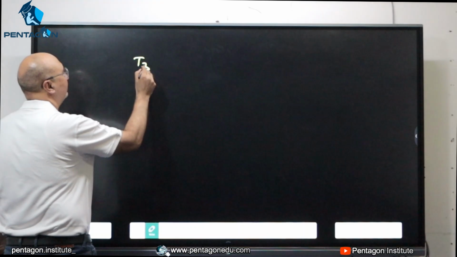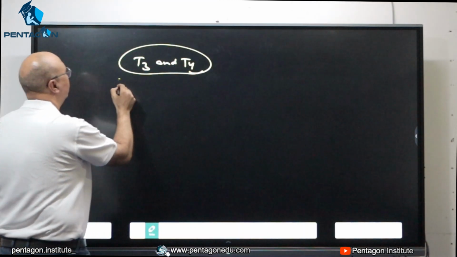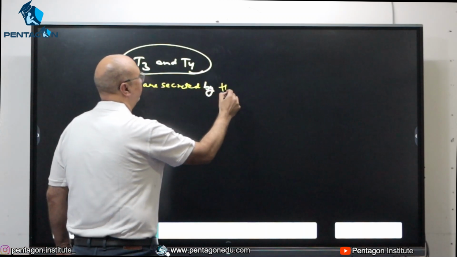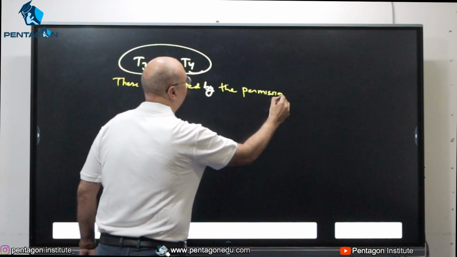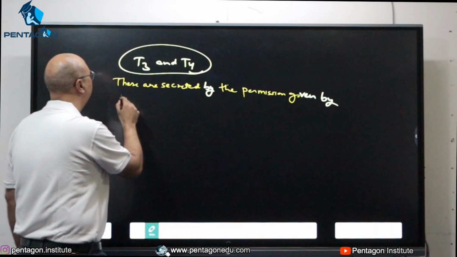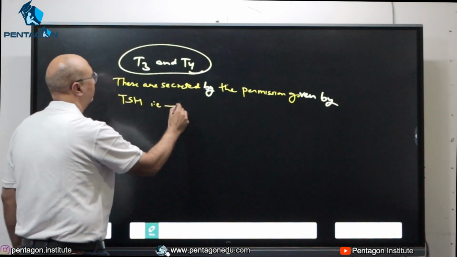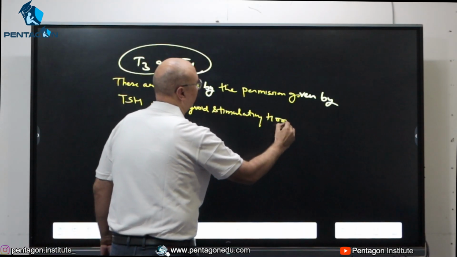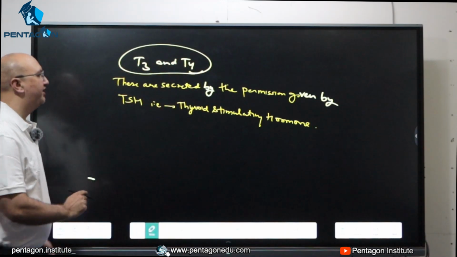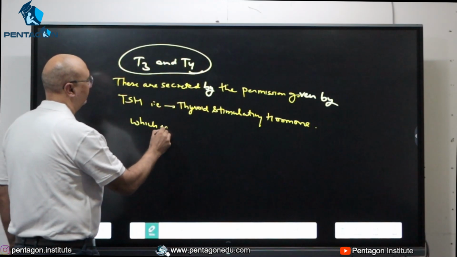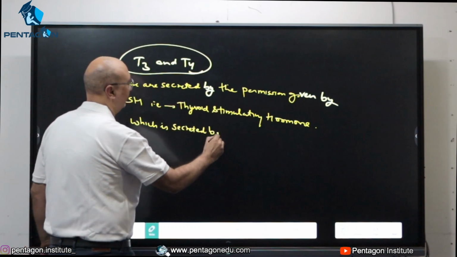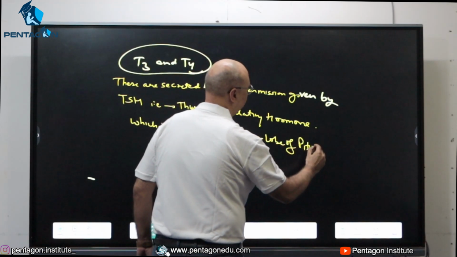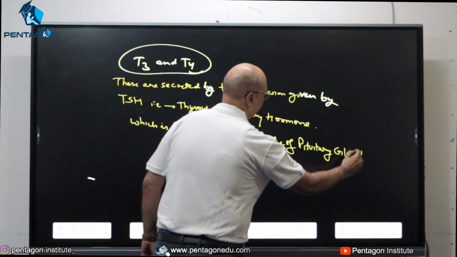T3 and T4 are secreted with the permission given by TSH, that is thyroid stimulating hormone, which is secreted by the anterior lobe of the pituitary gland.